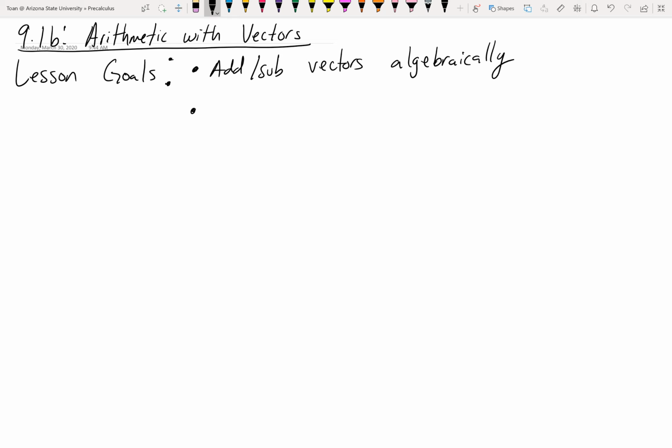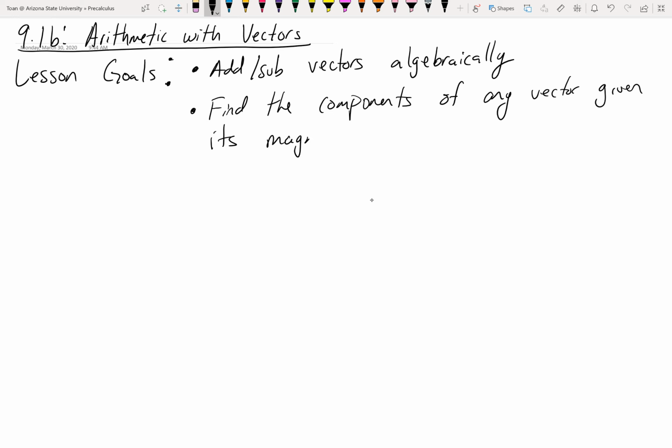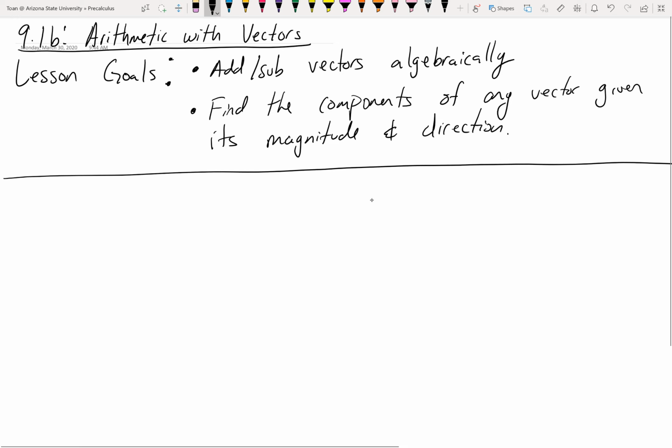And today we're also going to be able to find the components of any vector given its magnitude and direction. Yesterday we did find the components of a vector, but we sort of did it geometrically, the terminal point minus the initial point. Today we're going to see an alternative way to find the components algebraically.